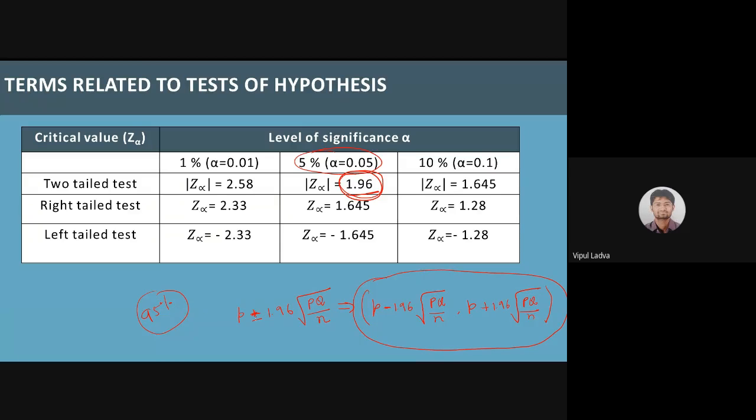So look, the proportion is the statistic, the standard error is here, and here is the level of significance.